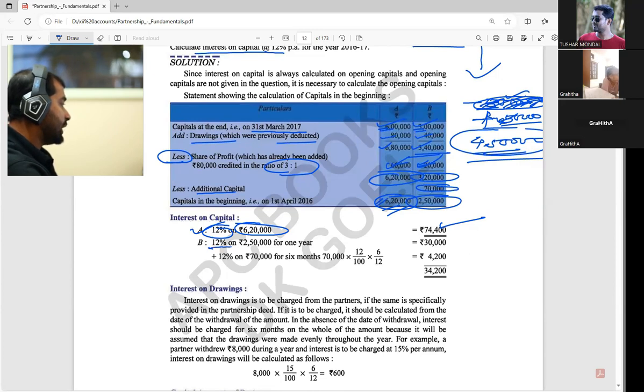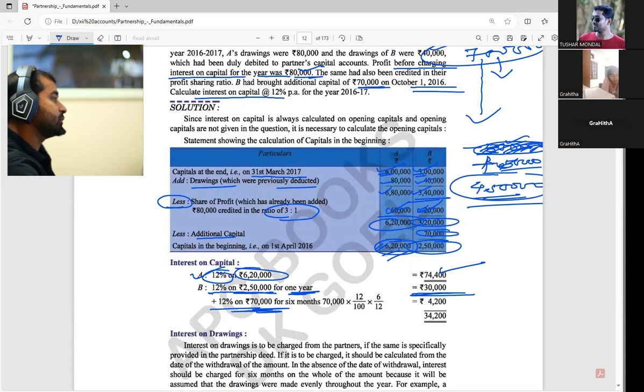So 12% on 2,50,000 for B for 1 year from beginning to end, that we have, 30,000, as well as 12% of 70,000 additional capital you introduced. Have you seen that? It was introduced on October 1, so separately, because for opening capital I have taken a full year, but this amount I have not included there.